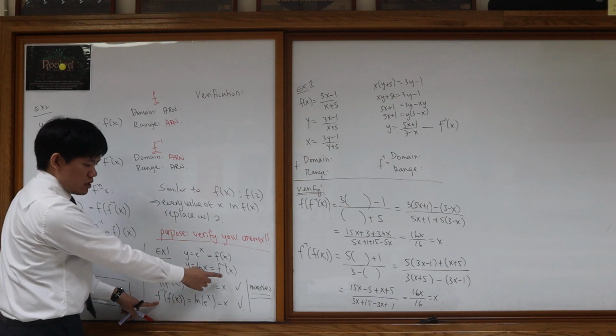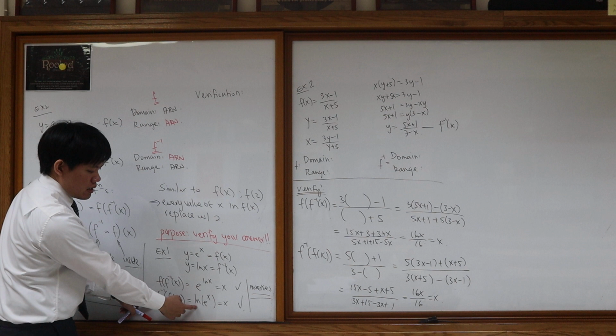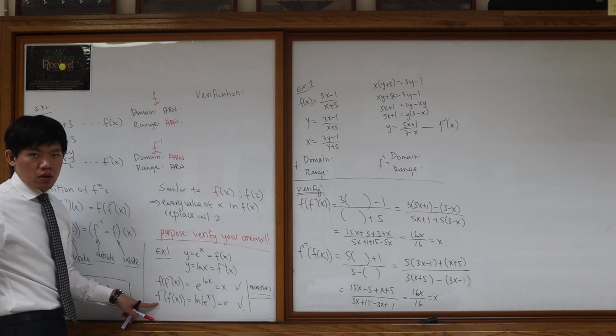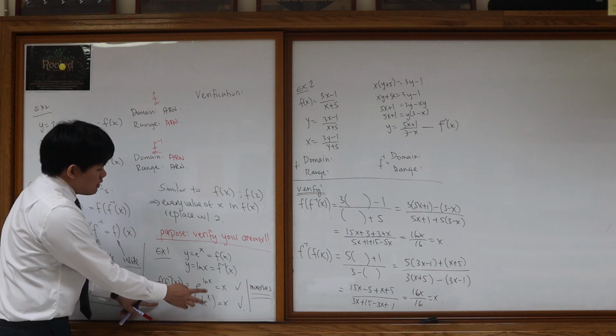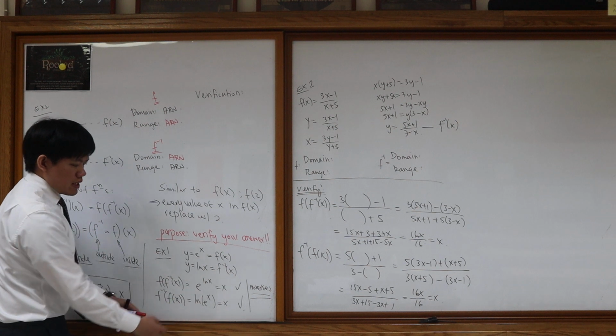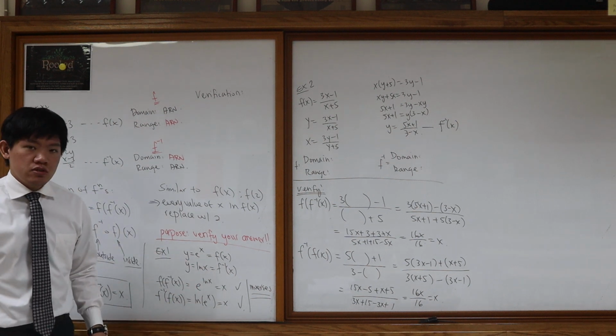Then my inverse function here is ln of x. So you see an x here, you plug in e to the x. So you end up with ln of e to the x. And because ln and e are indeed inverse of each other, it's a property we talked about earlier in the semester, in the year, that both equals x. Therefore, it means f and inverse of f are indeed inverse of each other.